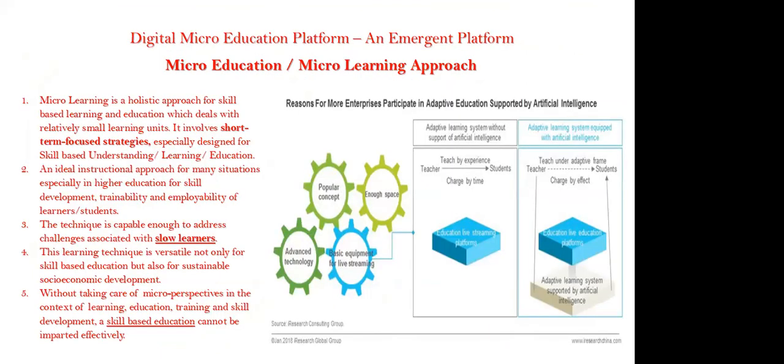Another important one is the digital micro education platform. It's an emergent platform. Every student has their own potential capabilities to understand. This micro education platform facilitates a micro learning approach for individual students, and this has to be propagated, and the computer science discipline has to facilitate it.